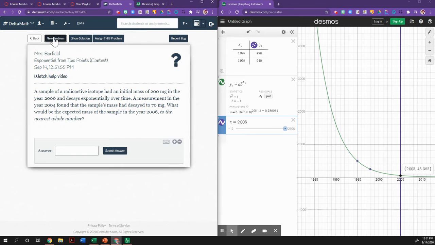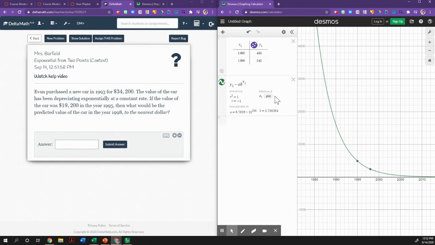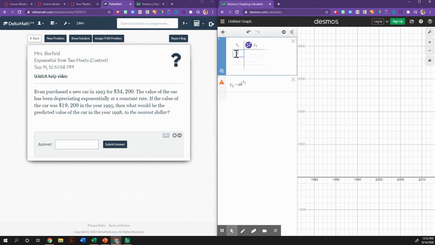I don't want to do another isotope. So I'm going to leave this one up, and let's just change out our table. You can see Desmos is giving a warning, but that's okay.